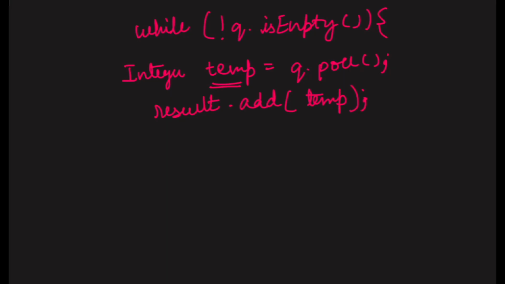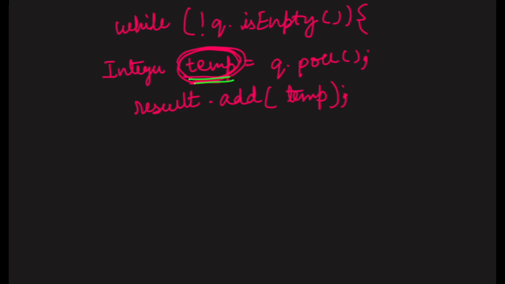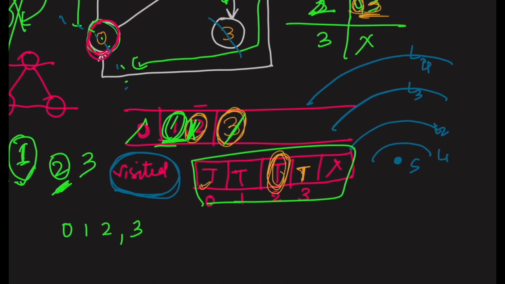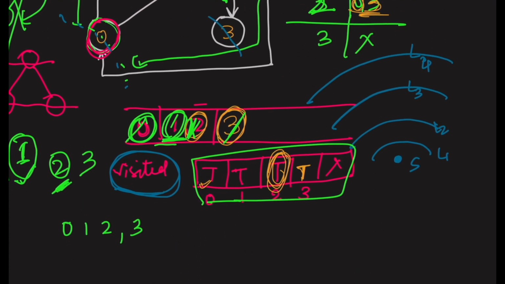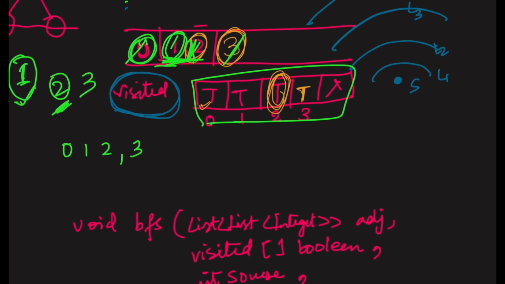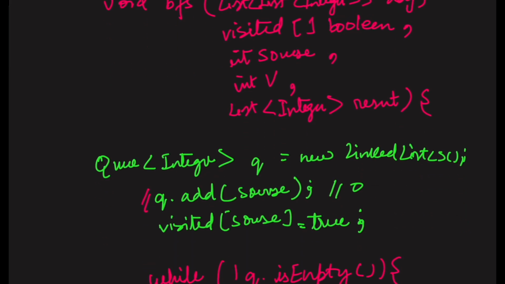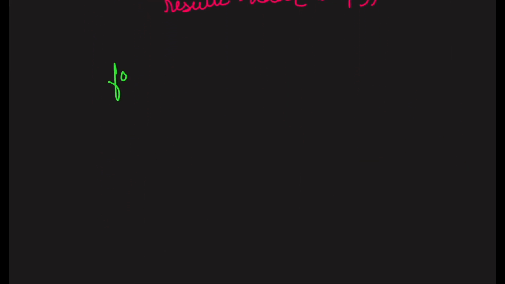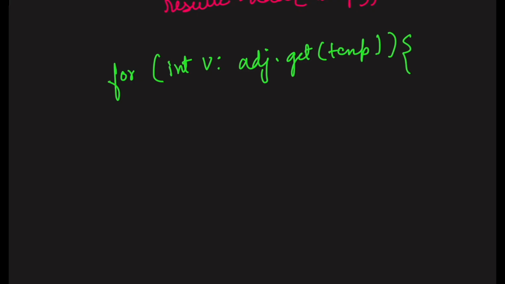Now we are going to traverse all its neighbors like we said. We are going to pop each element and add its neighbors, and while adding its neighbors, we are going to mark them as visited. For traversing the neighbors, we are going to use the for loop, int v, taking all its neighbors. This will give us all its neighbors.